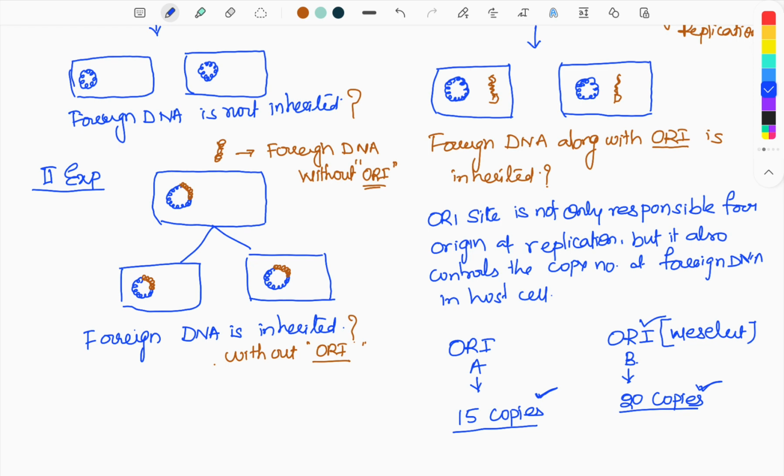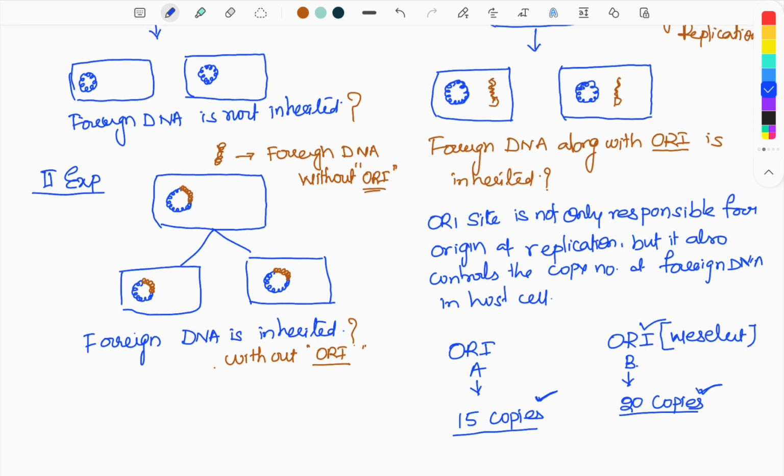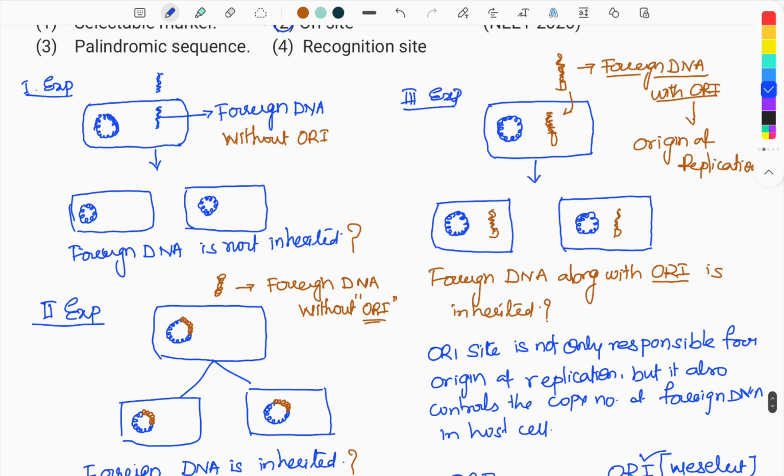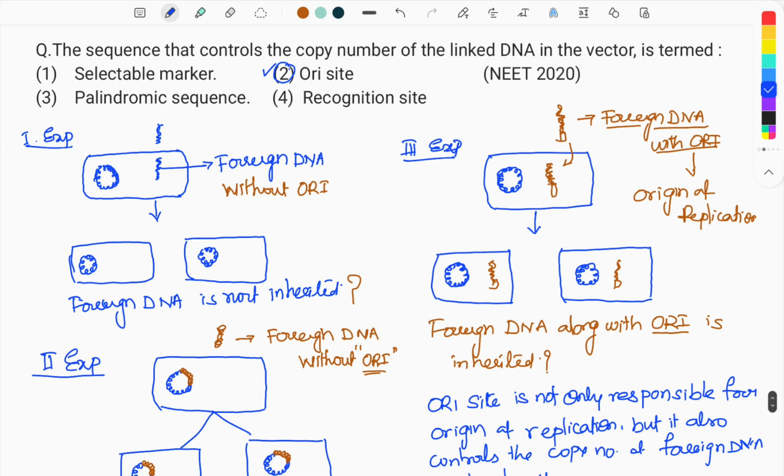So ORI is not only responsible for initiation of replication of the vector, but it also supports the number of copies present in that host cell. It is a very good question, asking the additional functionality of the ORI, because everyone knows that ORI means origin of replication and is responsible for initiation of replication of DNA. But here he is asking the additional function of the ORI, that is, controlling the number of copies in the host plant or host animal. So the answer is 2.